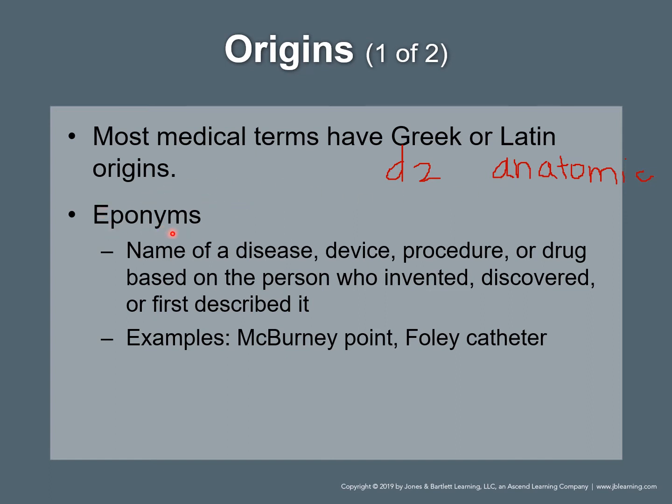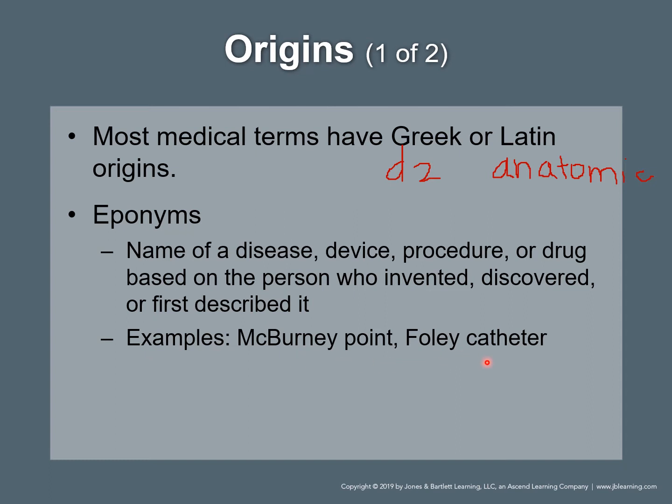Eponyms, that's a fun word too. It is the name of a disease, device, procedure, or drug based on the person who invented, discovered, or first described it. So it gives you examples here as McBurney point, Foley catheter.